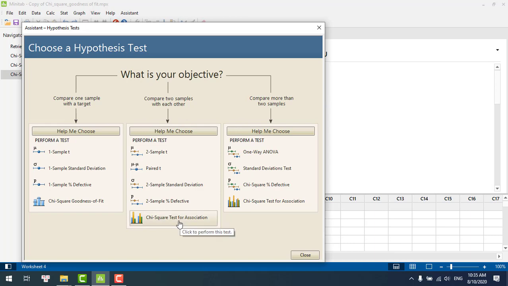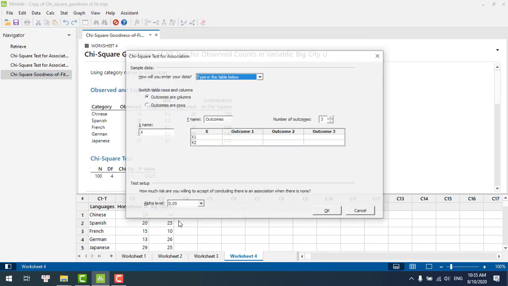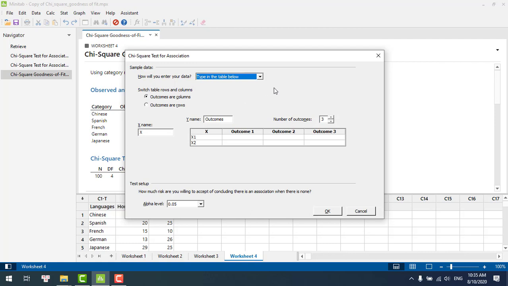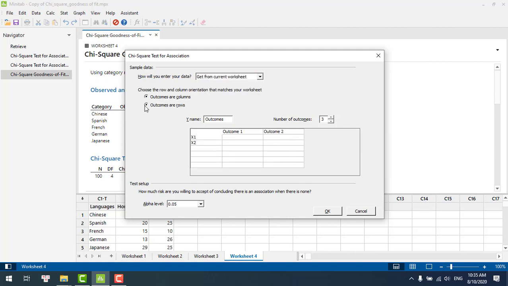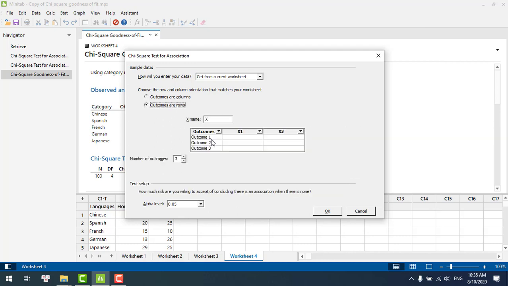So go to the assistant, chi-square test for association, and here what you need to do is you're going to get from the current worksheet, and we have them in rows. Okay, now here for the outcomes we're going to do the languages, and we have 5 outcomes, so we have 5 languages.